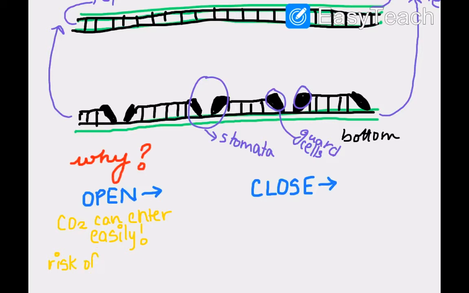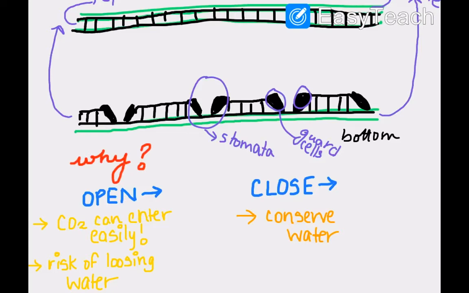So there's a risk if the stomata is left open that a lot of water vapor, which is water in its gaseous form, can leave that particular leaf as well. And that's bad because you need water for photosynthesis. So we require it to close every once in a while so that the leaf does not get dried out completely. So closing it conserves water.